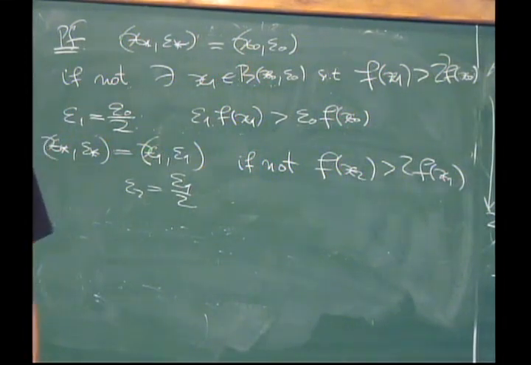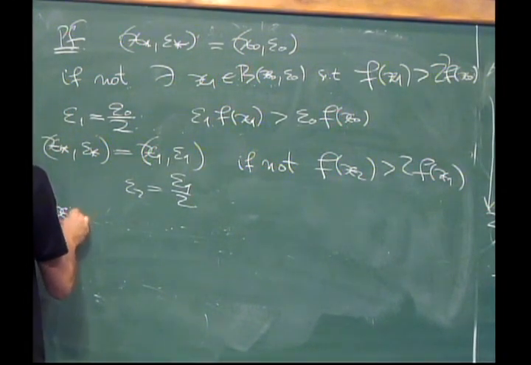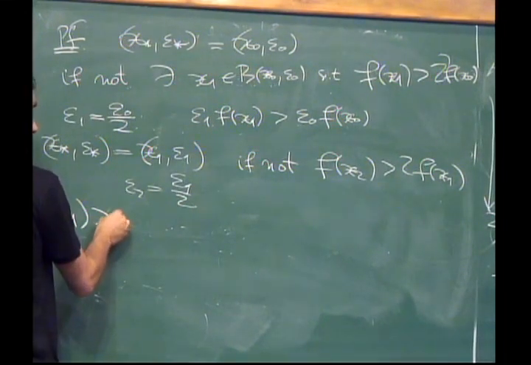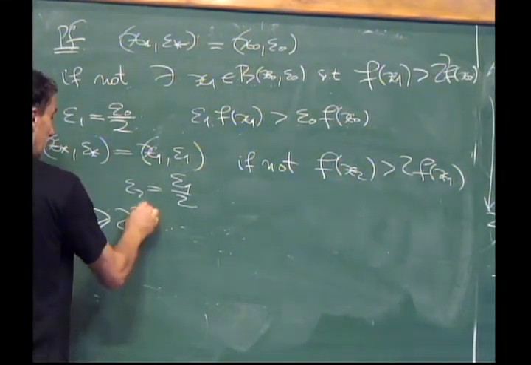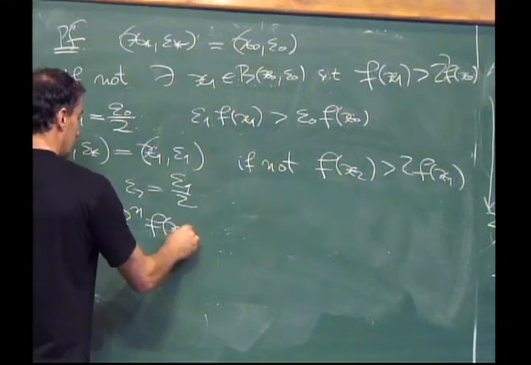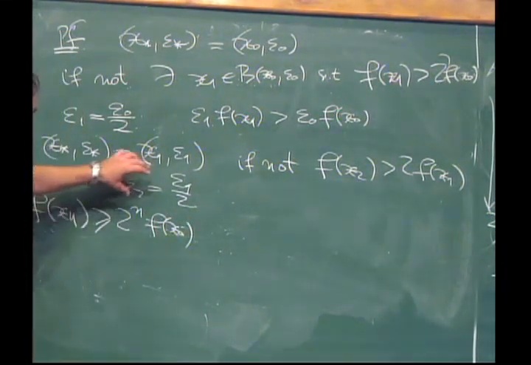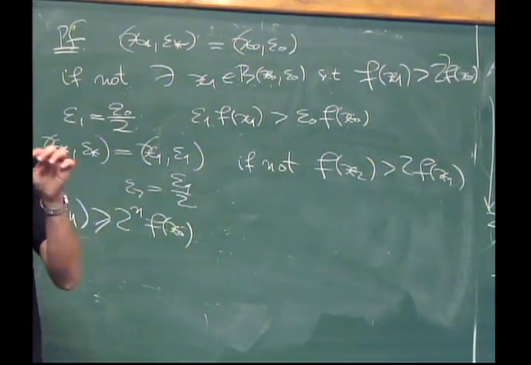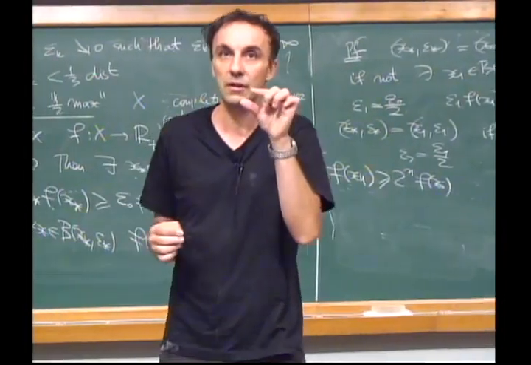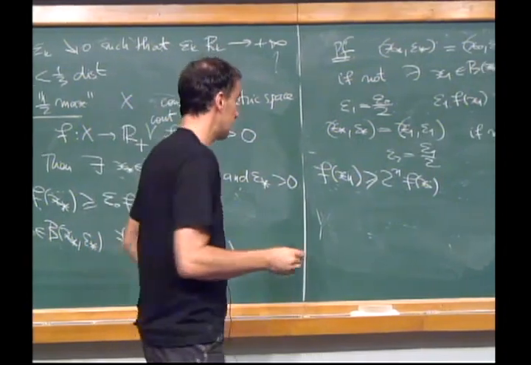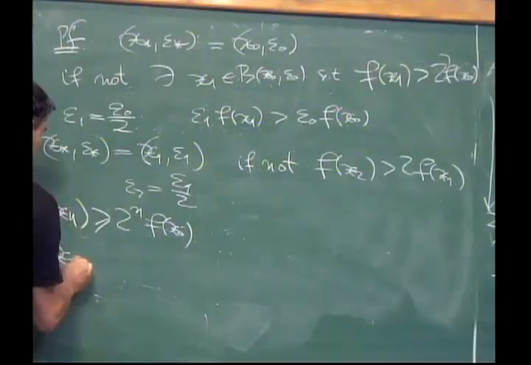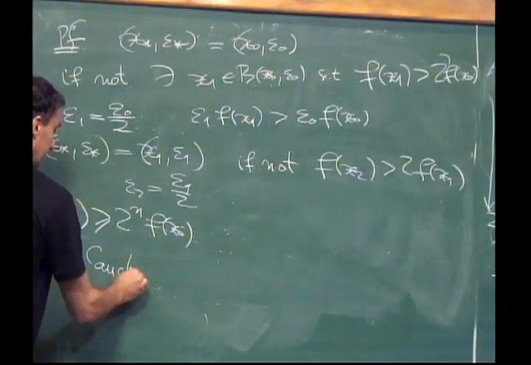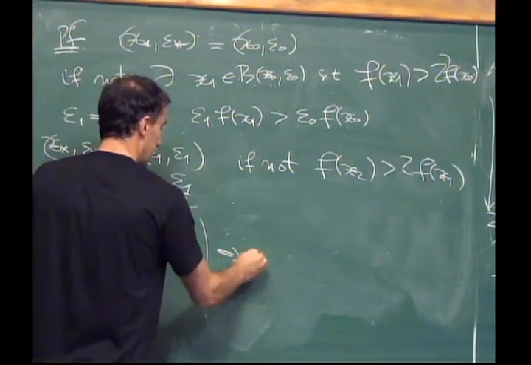And so you get a sequence which has the property f of xn greater than or equal to 2 to the power n f of x0. And at the same time, because at each step you divide the radius by 2, this sequence is Cauchy. And this, of course, gives you a contradiction.